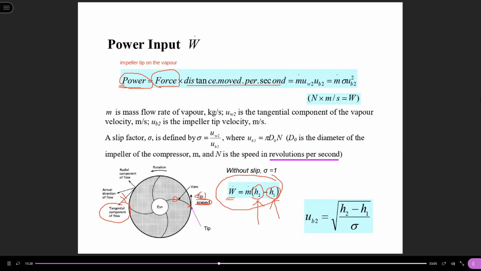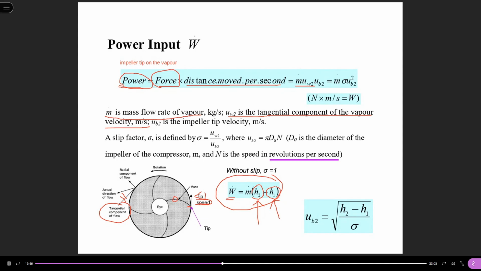We use the mass flow rate of the vapor and the tangential component of the vapor velocity.